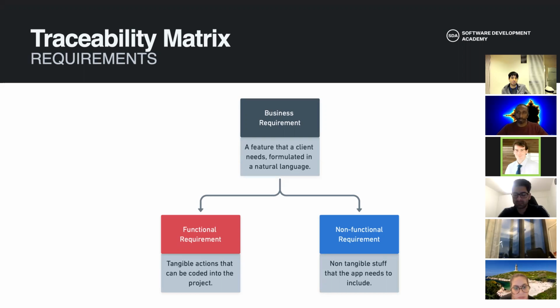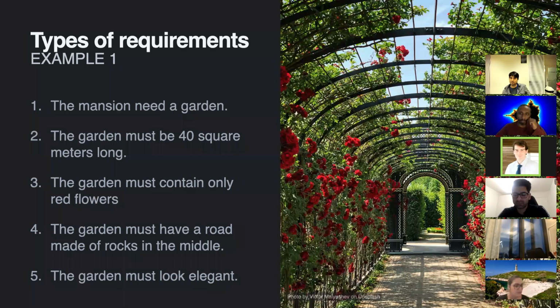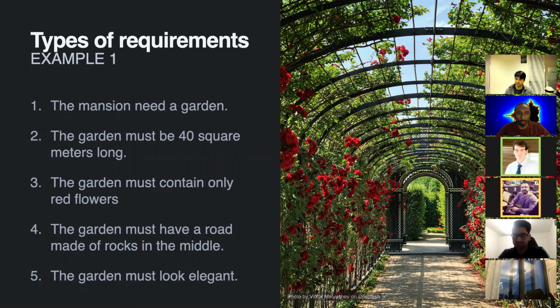And the best way to learn and differentiate these is by working through an example. So let's start with this one. I want somebody to tell me the first one. Do you think it's a business requirement, a functional requirement, or a non-functional requirement? Functional. Let's say functional.